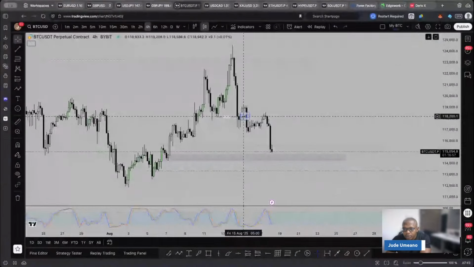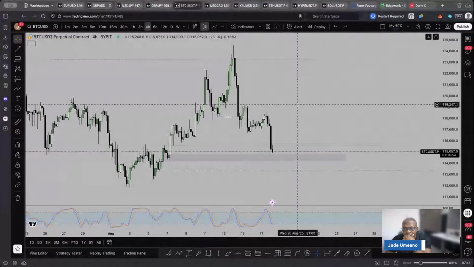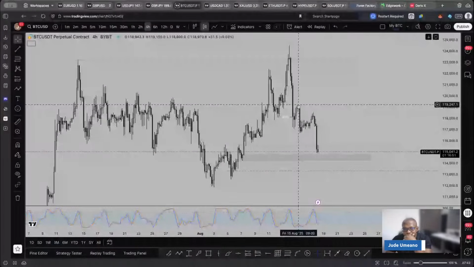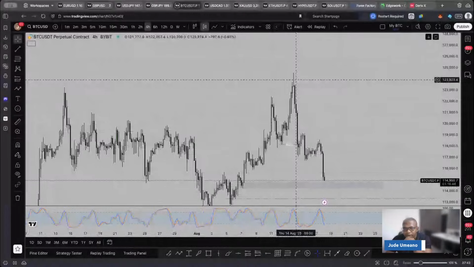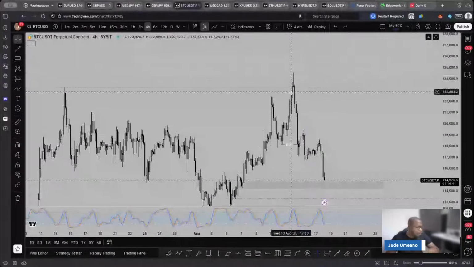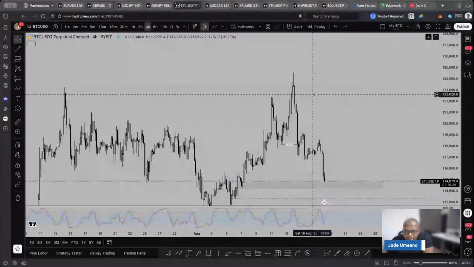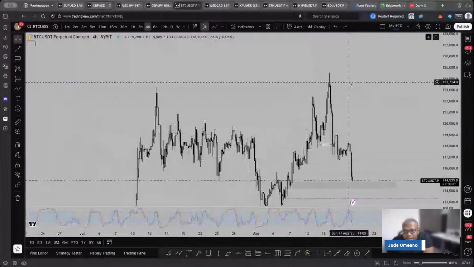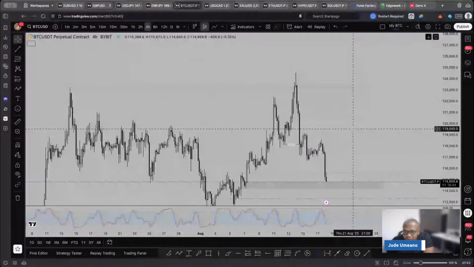So on the 4 hour, you can see that this is also a sweep of liquidity. It's also a sweep of liquidity. It's not showing us a break. It's not telling us I'm still going higher. It's telling us, you know what, I've taken out some people and I want to go lower. This is what it's showing us here.